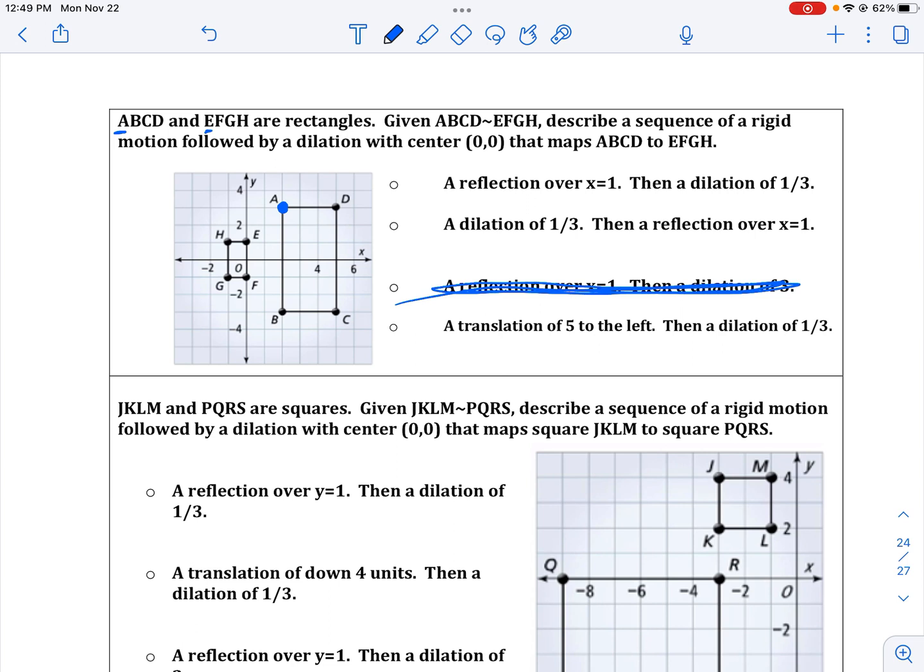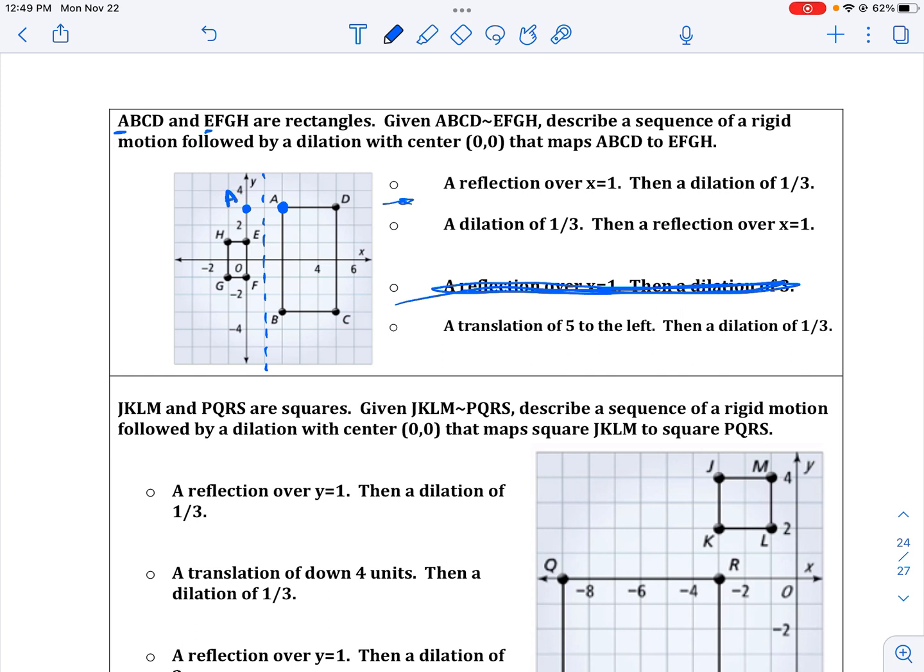And I see that my shape is flipped over, so there's going to at least be some kind of reflection or rotation here. So let's figure out which one. So if I follow along on this first choice, it says first I'm going to reflect over x equals negative 1. Well, the line x equals negative 1 is that dotted line right there. Point A is 1 to the right, so if I reflect it over, I go 1 to the left.